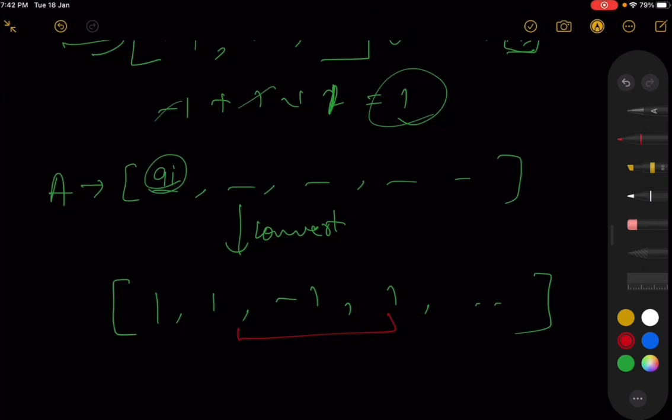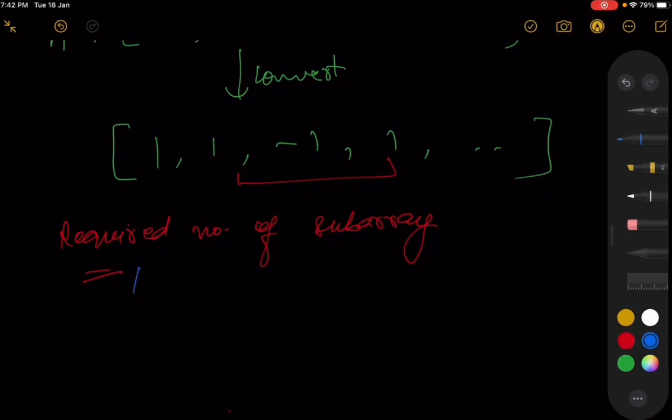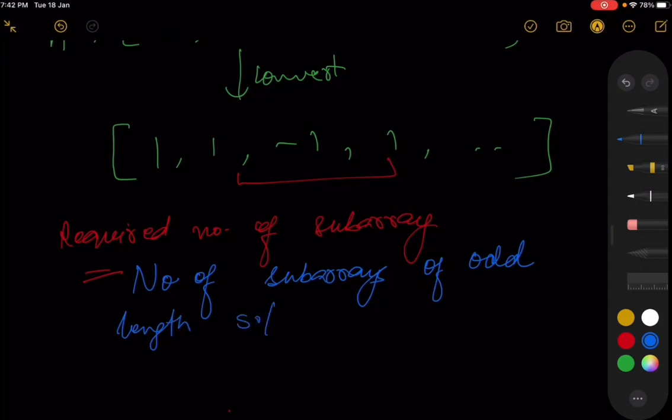So the required answer, or you can say the required number of subarrays, is nothing but equal to the number of subarrays of odd length, remember odd length, such that their sum is strictly greater than 0.